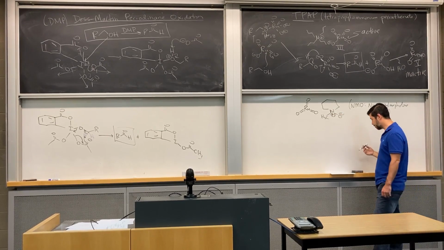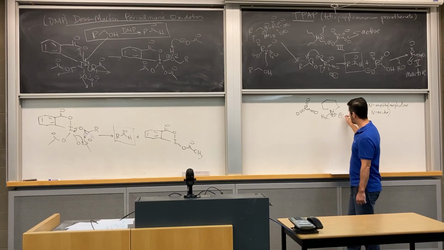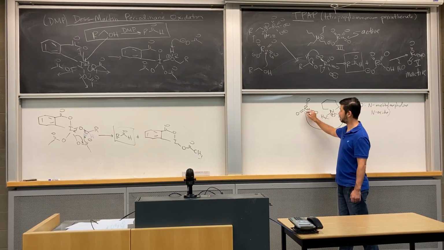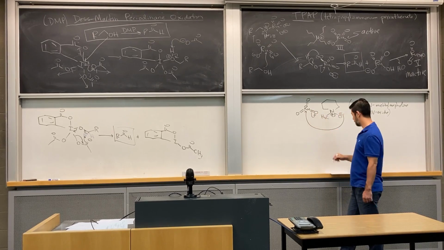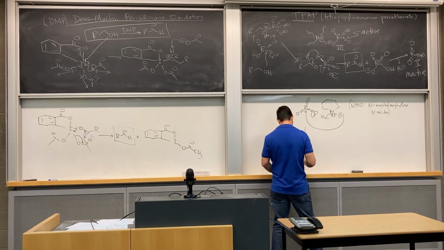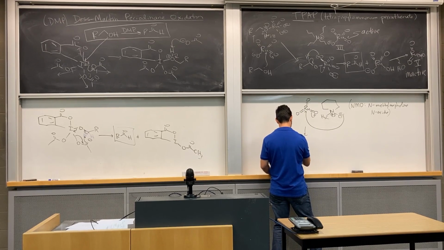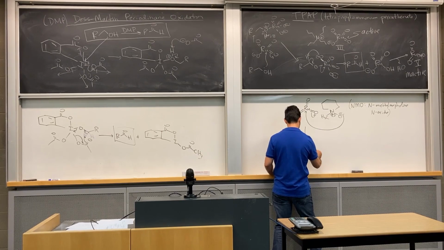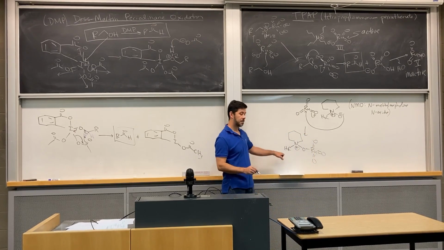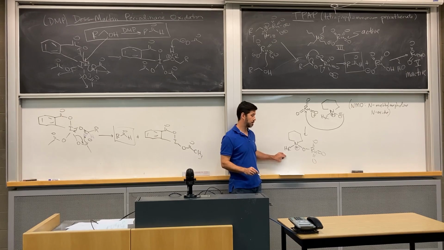So how do we regenerate that? Okay, so we have this negative oxygen, and it's going to react at this ruthenium core, like I'm showing you here. And what we're going to have is this type of reaction.